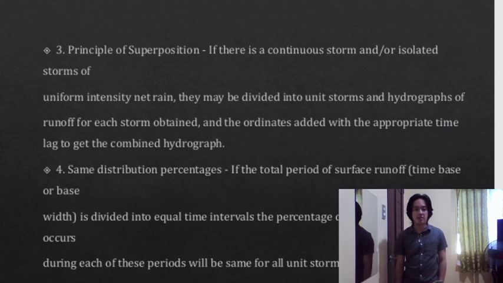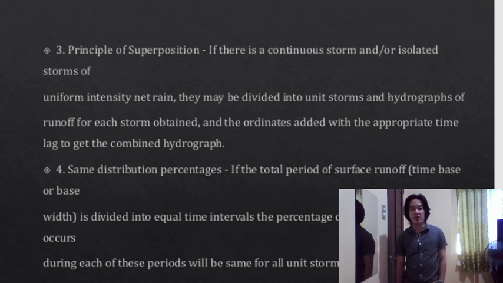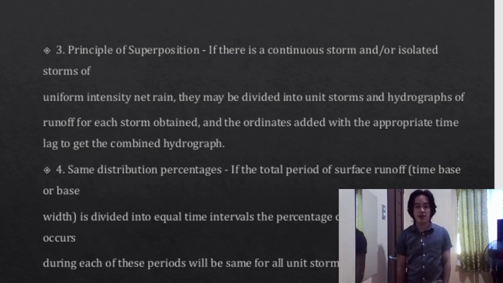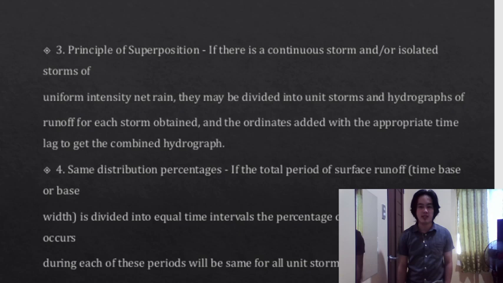So next is the principle of superposition. If there are continuous or isolated storms of uniform intensity, the net rainfall will be divided into storm hydrographs for each, obtaining the coordinates with the appropriate time lag, and then combined into the final hydrograph. The fourth is the same distribution percentage.